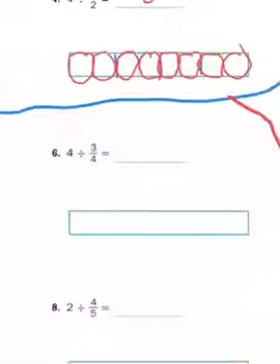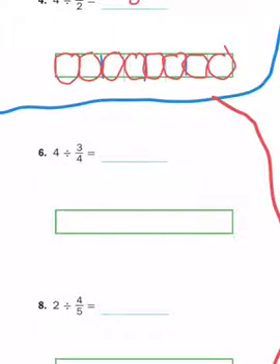Okay, how about 6? 4 divided by 3/4. So let me start with my 4 wholes. In each whole, I'm going to split into 4ths. And I'm now going to circle every 3/4. So here is 1 3/4. Here is 2. Here is 3.